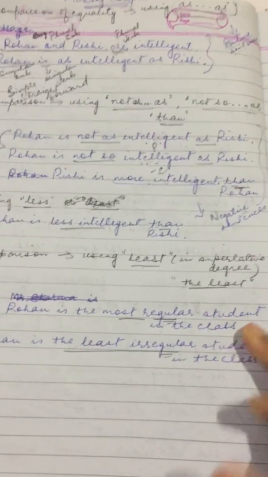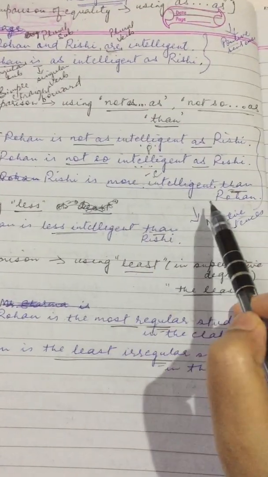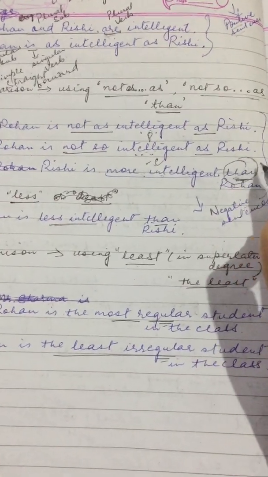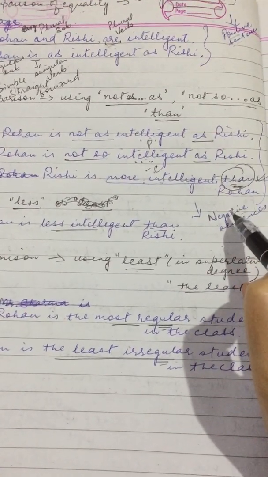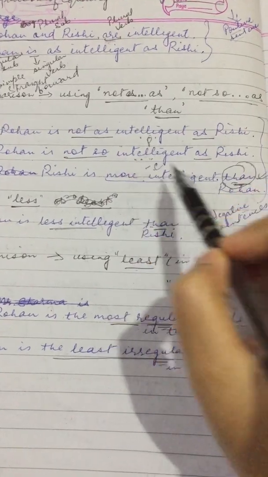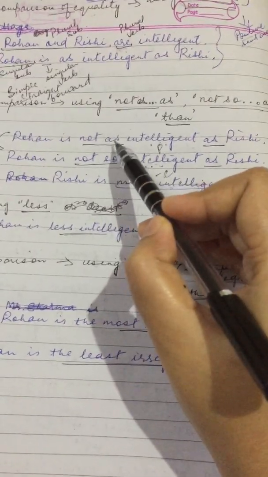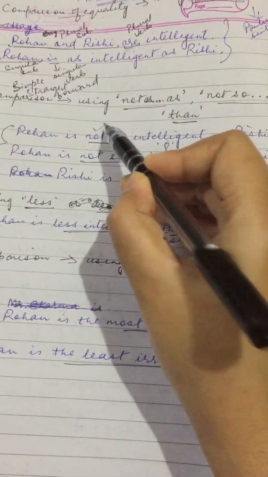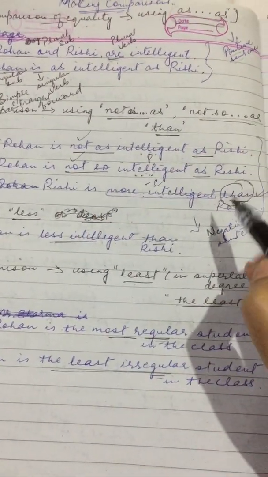Now, these types of sentences are mostly used in negative sentences. The use of not so, not as, not so as indicates negative sentences.